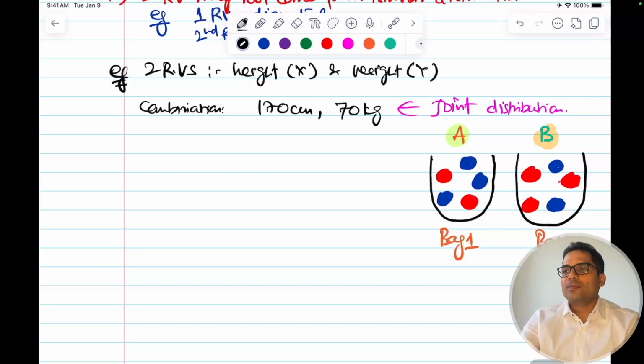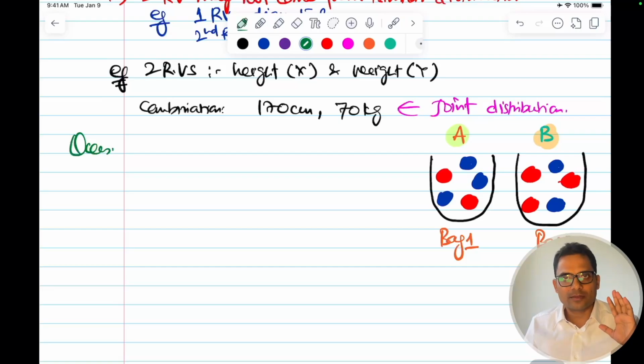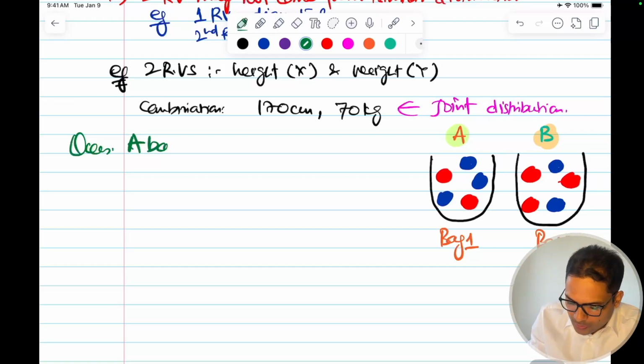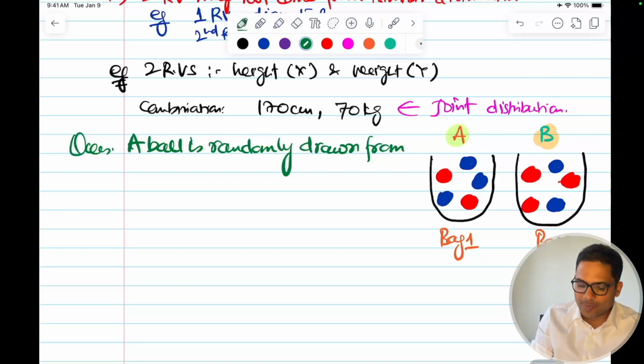So what is the question? There are 2 bags, bag 1, bag 2. My statement is that a ball is randomly selected from each bag, from bag 1 and then bag 2, and both the draws are independent of each other.